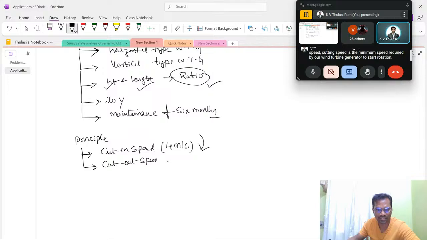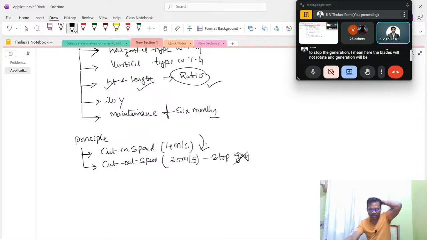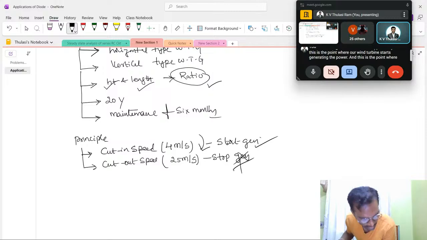Here it will start rotation. Cut-out speed is the maximum speed of the wind turbine generator at which it stops generation. Here the blades will not rotate and generation will be stopped. So this is the point where our wind turbine starts generating power, and this is the point where our wind turbine will not rotate.